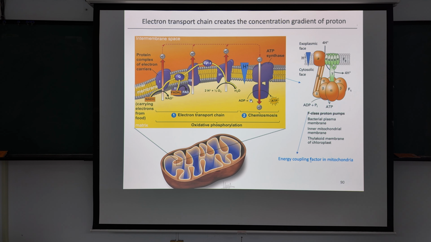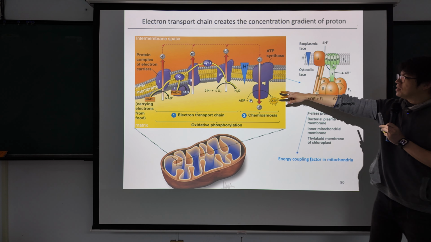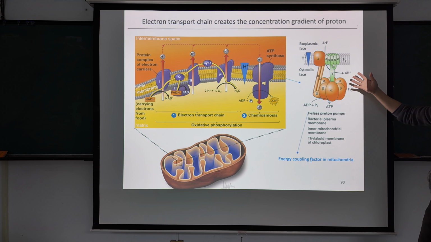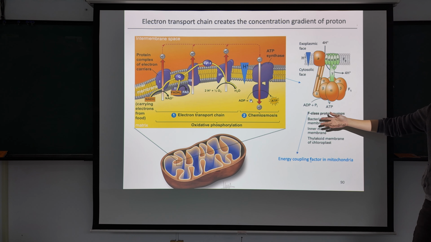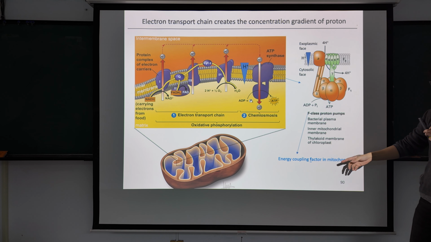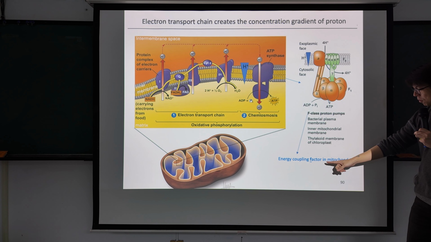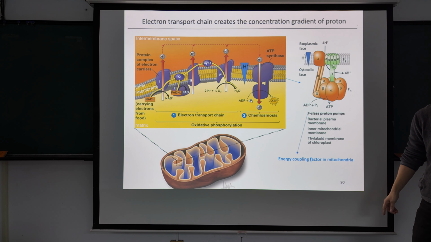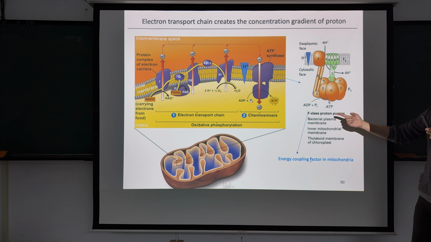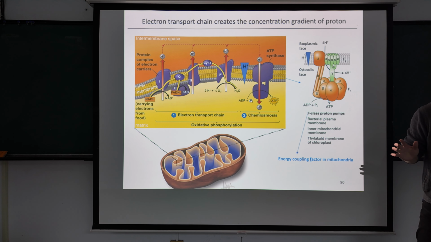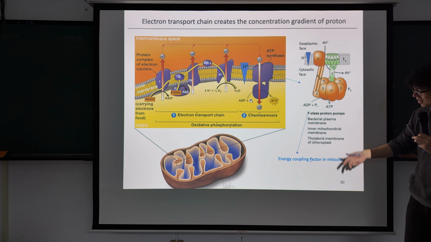Okay, so why is this ATP synthase called the F-class proton pump? I kept searching why it's called F-class proton pump. It's because it's an energy coupling factor in mitochondria. I don't know why it chose F as the F-class proton pump. Doesn't make any sense, right? It could be E-class, C-class.